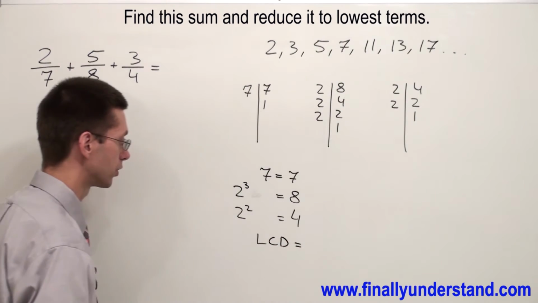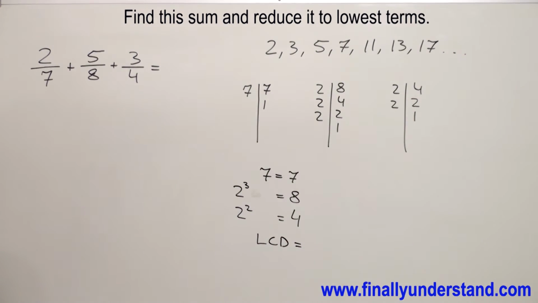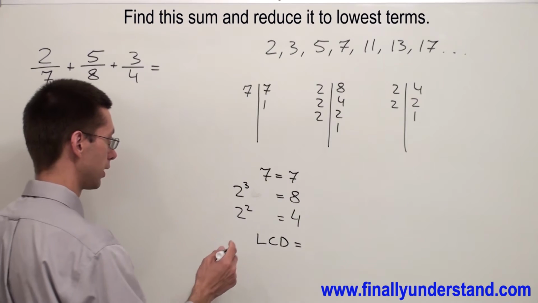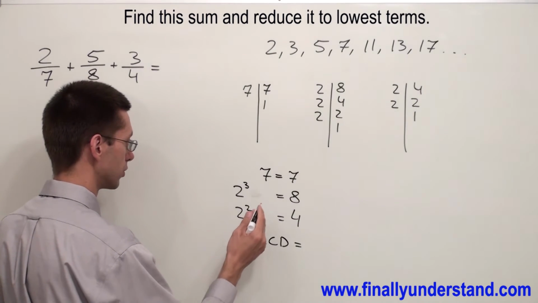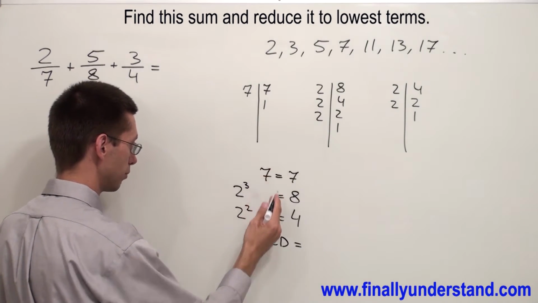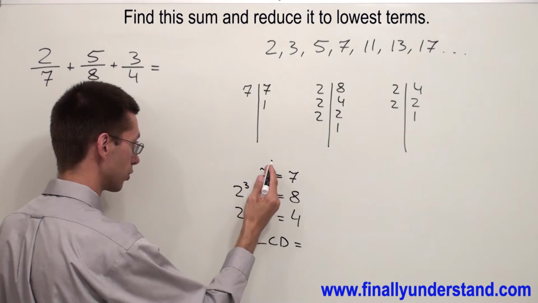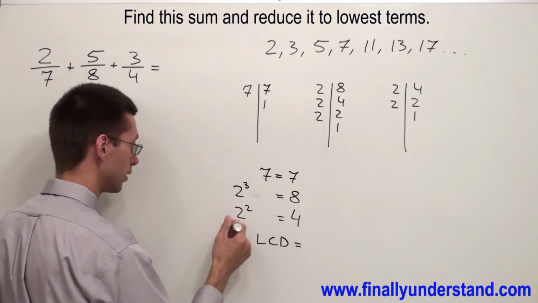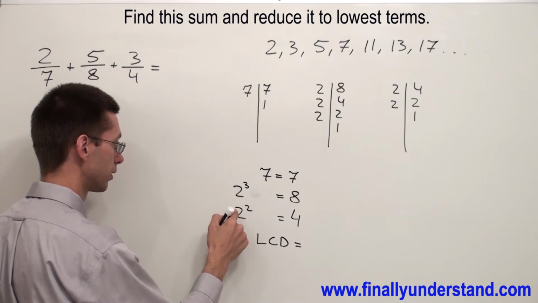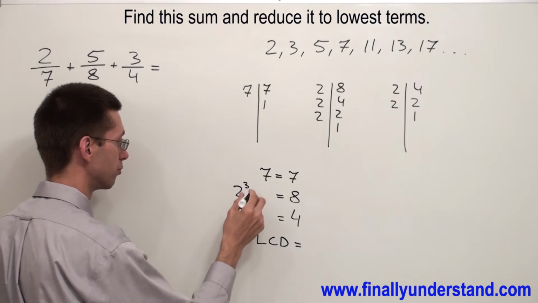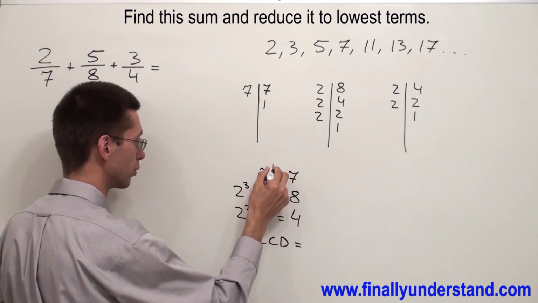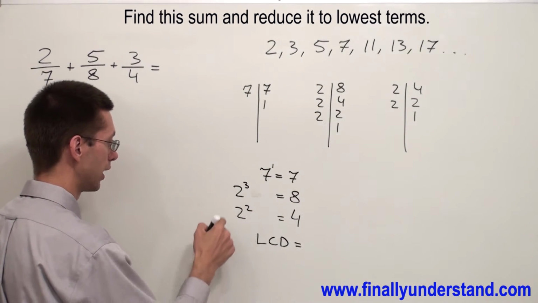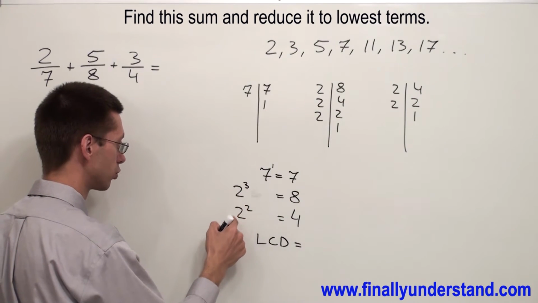Okay, so we can write that the LCD is nothing else, just the product of the different numbers with the highest powers. Again, this is the product of the numbers which are on the left side of the equal sign. The numbers are supposed to be different, with the highest powers. Remember, anytime there is no power, there is always an invisible 1. So I have 2 to the third power and I have 2 to the second power.